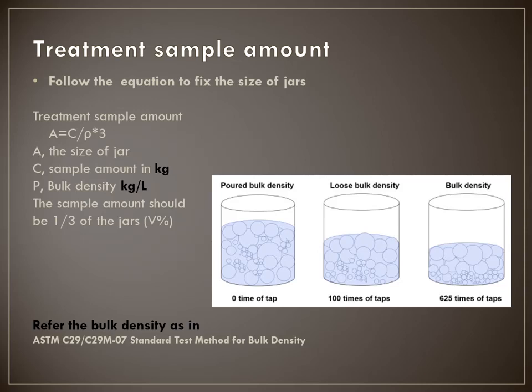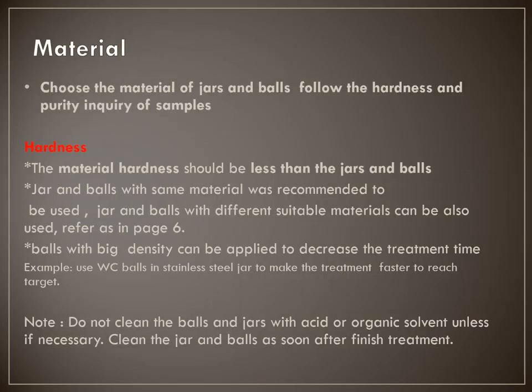Basically, the jar size has to be 3 times bigger than the treated amount. Then you can choose the suitable size of the ball miller and the related jars for your experiment based on the treatment capacity of your samples.